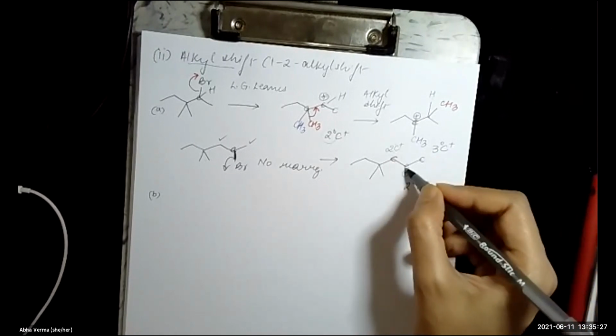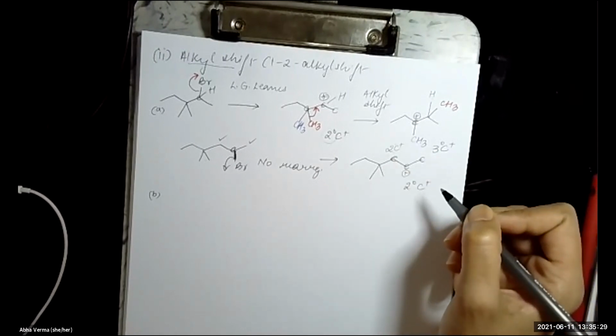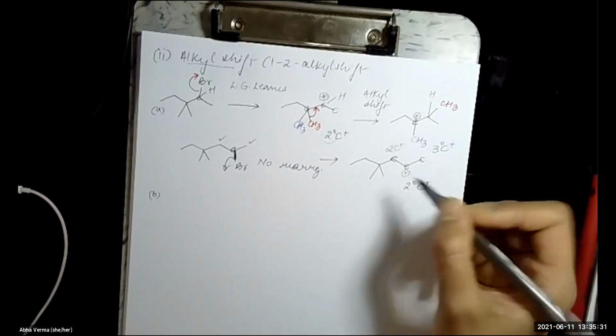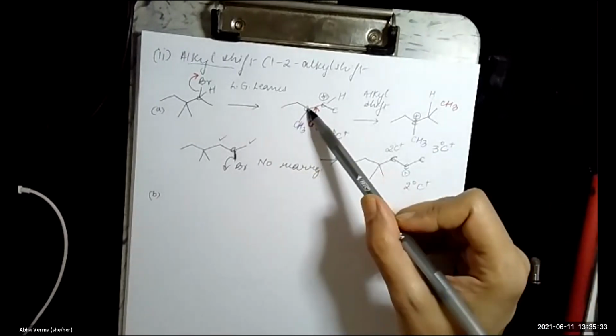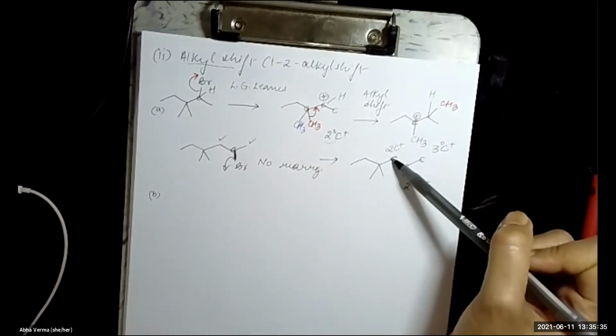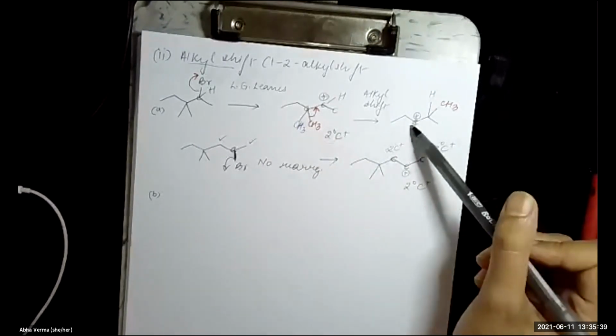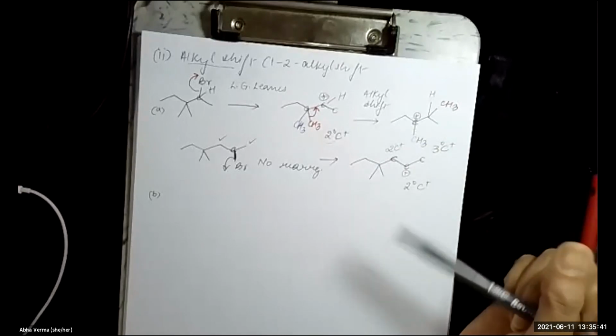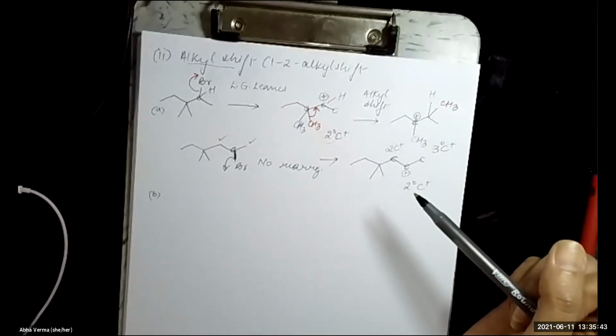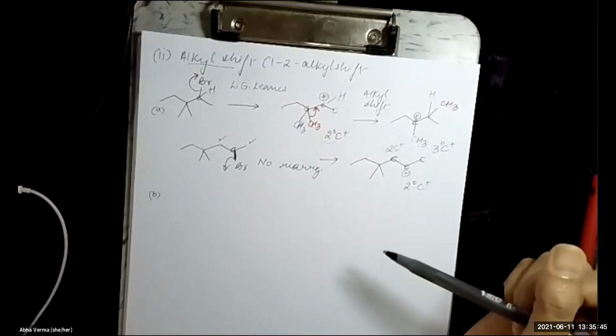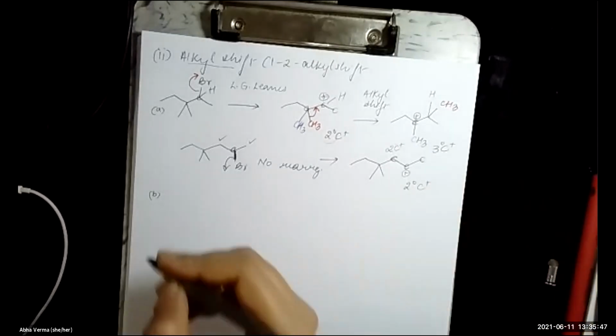There will be no change in the stability. It should become a tertiary carbon. If there was a possibility of becoming a tertiary carbocation, then it would definitely jump. Thank you. Okay, very good.